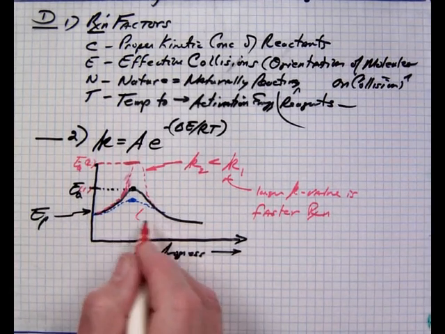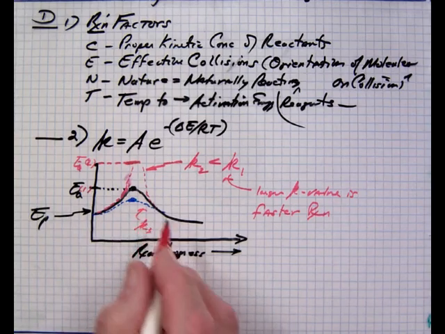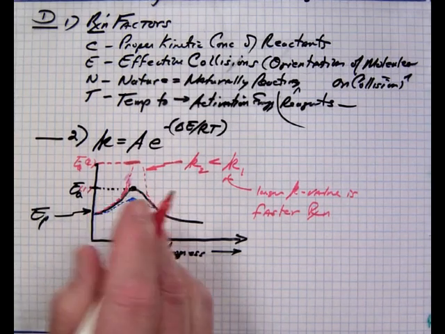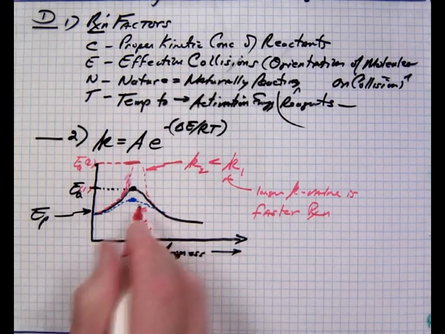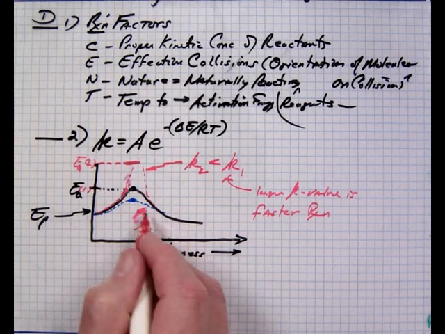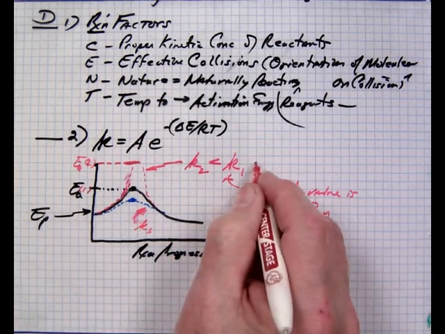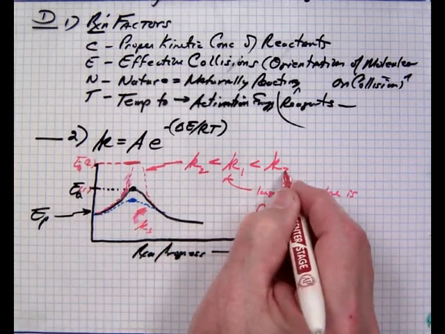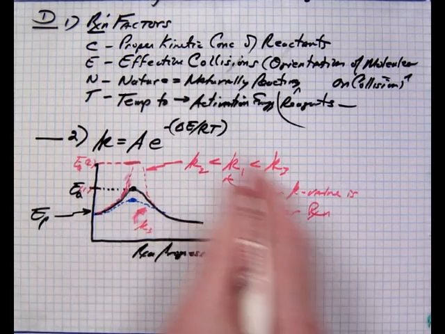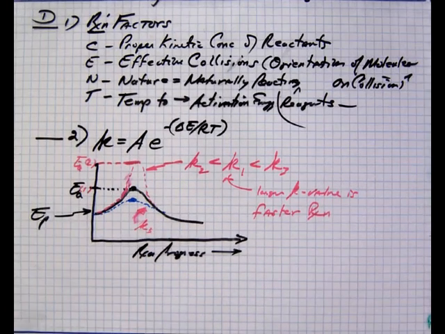So this being, say, K3, if this is K3, then K1 would be less than K3. And so this would have the fastest of the three reactions illustrated.